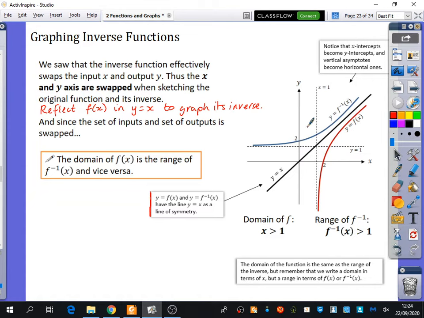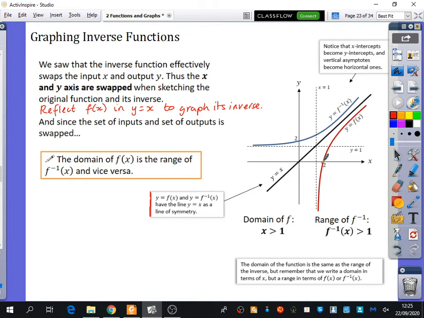A couple of other things I wanted to point out is that the x-intercept of this graph has become the y-intercept of the other graph because of the swapping process that has happened. This vertical asymptote that we have here at x equals 1 has reflected or swapped so that it's a horizontal asymptote at y equals 1. So everything has swapped, but what that looks like is a flipping over the line y equals x.